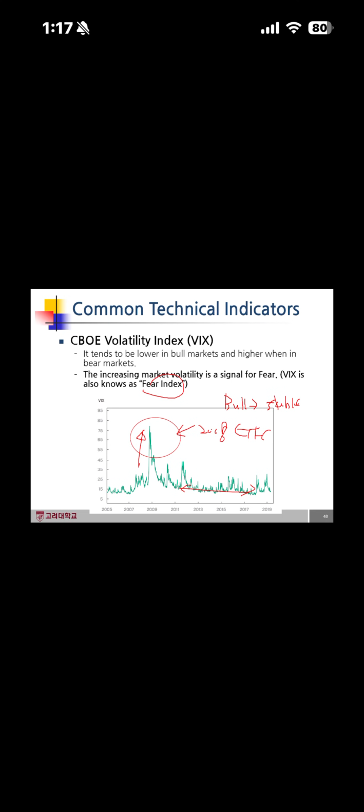So if the VIX value rises, it shows that investors are getting uncertain or more fearful, meaning there are some shocks coming to the market, or the investor sentiment is low. They're not bullish, they're bearish on future market movement.